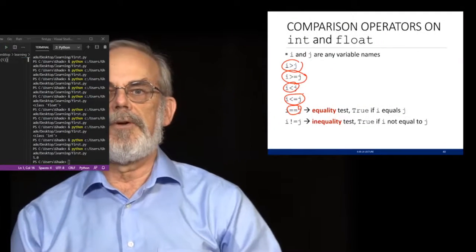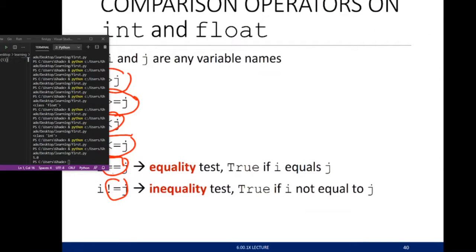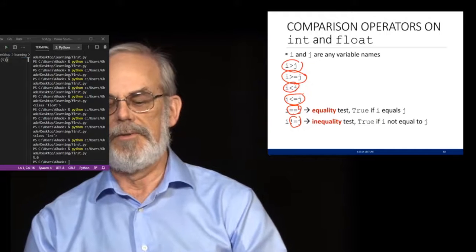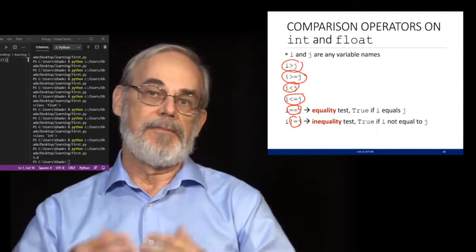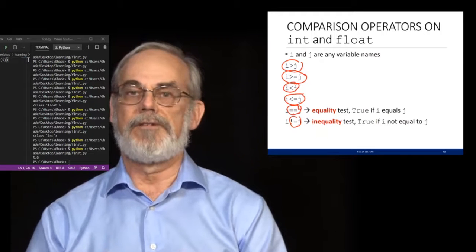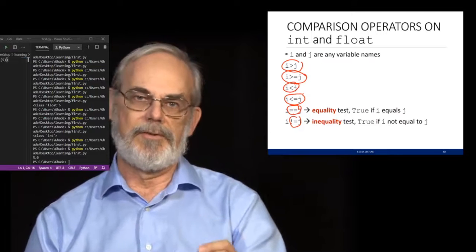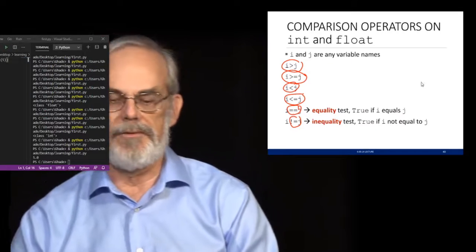And then finally, if we want to know if something is not equal, we use the exclamation point followed by the equal sign, often pronounced as bang equal or not equal. That will return true if i is not equal to j. Simple comparisons. They're going to let us build the very first kinds of programs that let us make decisions, because based on whether something is true or false, I'm going to be able to decide which operation I want to do next.